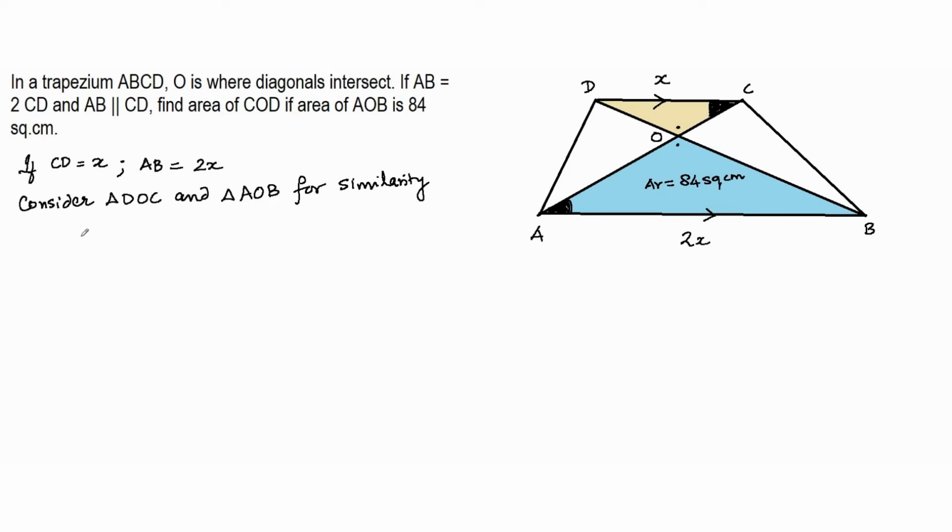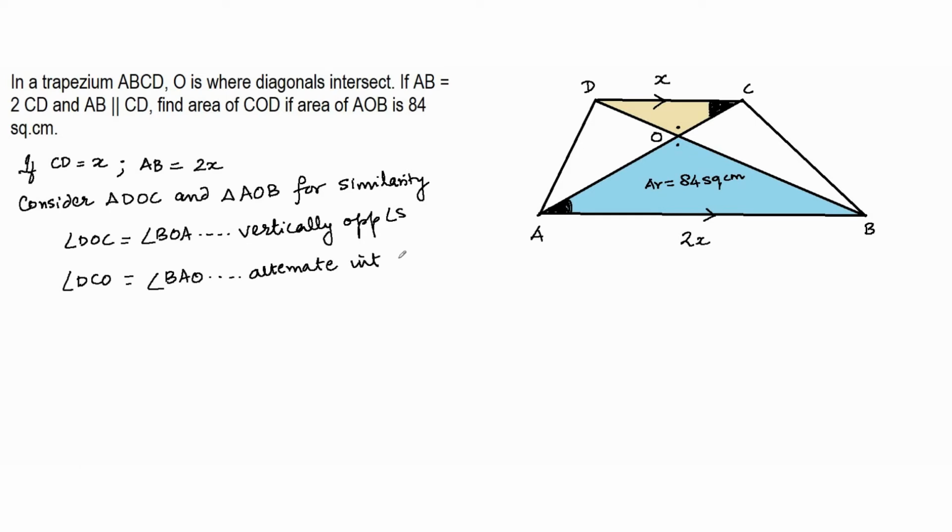Angle DOC is equal to angle BOA because these are vertically opposite angles. And also angle DCO is equal to angle BAO because these are alternate interior angles. And therefore triangle DCO is similar to triangle BAO because of the AA test of similarity.